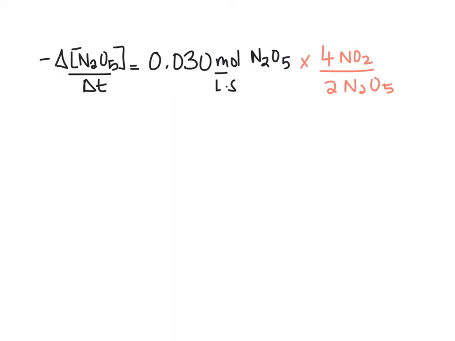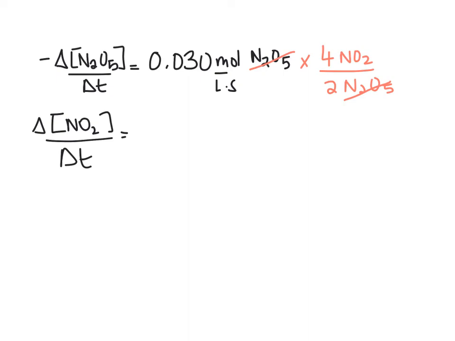We want N2O5 to go on the bottom so that it cancels. So now the rate of change of concentration of NO2 with time is going to be 0.03 times 4 divided by 2.